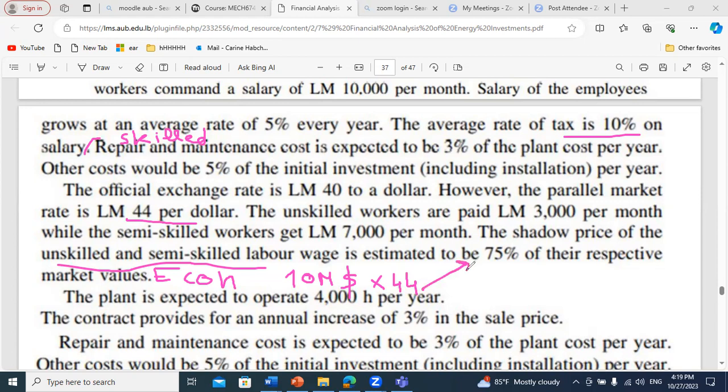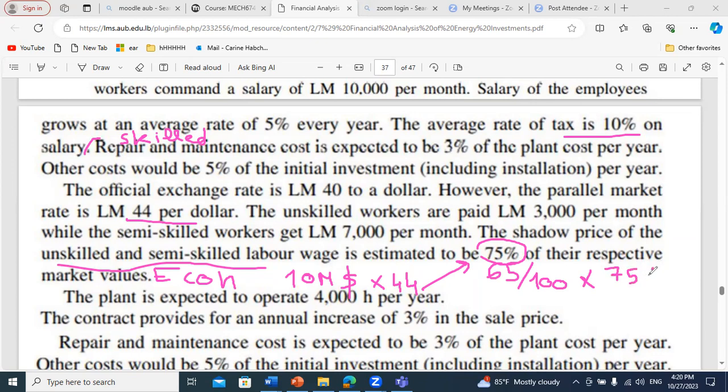They told us that 65% is constituted by local contractors. So for local contractors, which are using, as mentioned in the given, unskilled and semi-skilled persons, we should apply the reduction of 25%. So we should multiply by 75%.